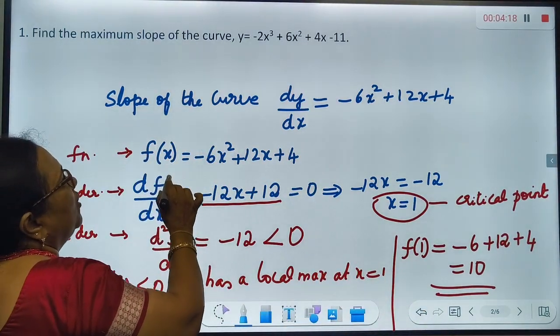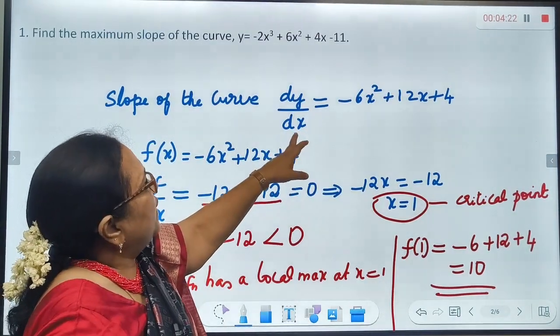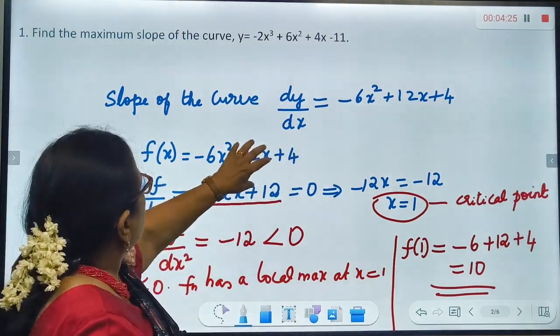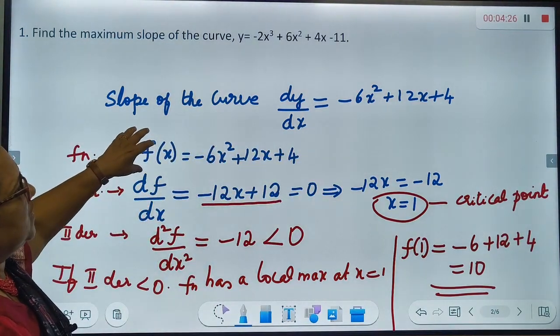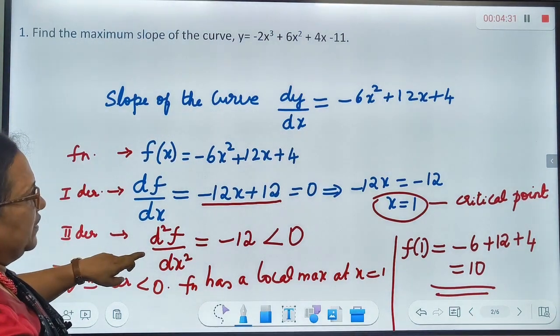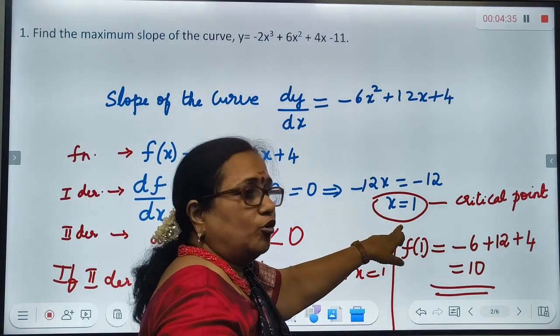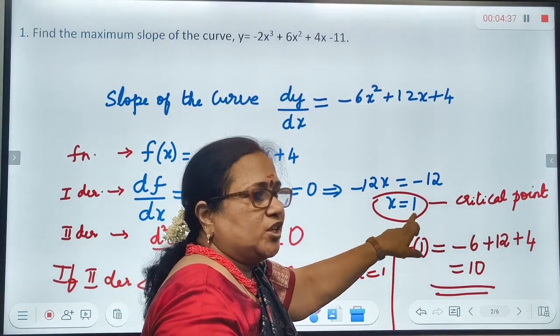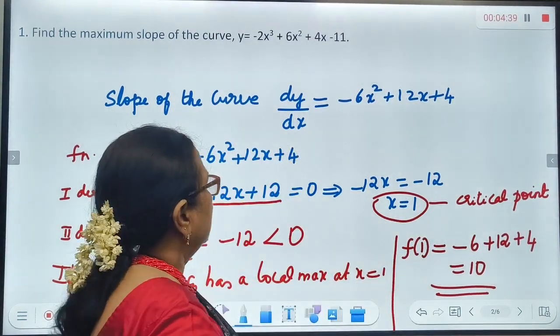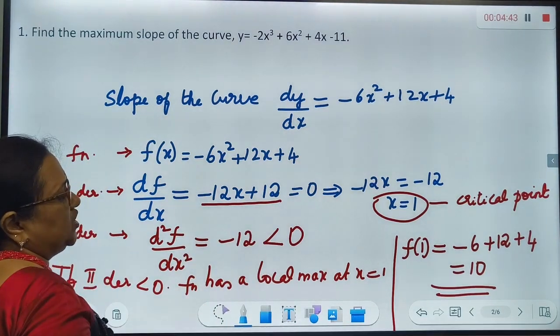The slope of the curve, what do you mean by that? Slope of the tangent to the curve, which is dy by dx. That itself I have taken as a function, and I am calling it f of x. Then I have done the first derivative and the second derivative. Using the first derivative by equating it to 0, I found the critical point, x equal to 1. Now the second derivative is minus 12, which is less than 0.